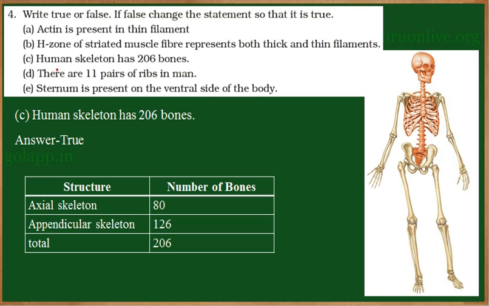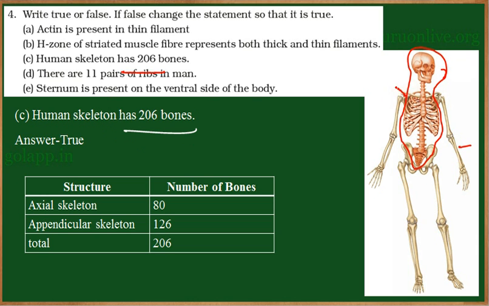Next one. Human skeleton has 206 bones. So the total number of bones in human skeleton is 206. So students, yes, this is a true statement. Take the division of the human skeleton. It is divided into axial skeleton, this one, and appendicular skeleton.